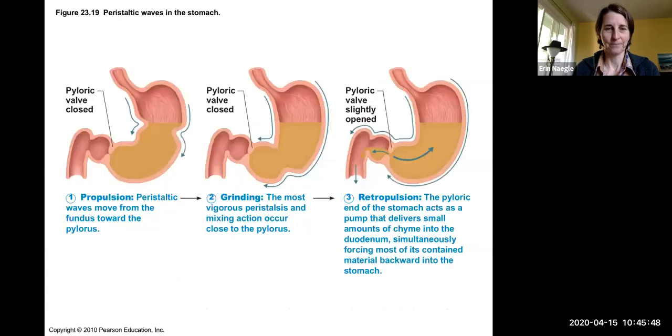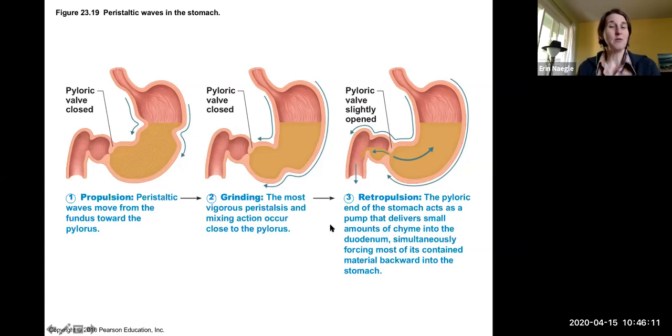Moving on. So this image is just to show that as that peristaltic wave moves through the stomach, at the very end, as the contents get moved towards that pyloric sphincter, the pyloric sphincter opens just a little bit.